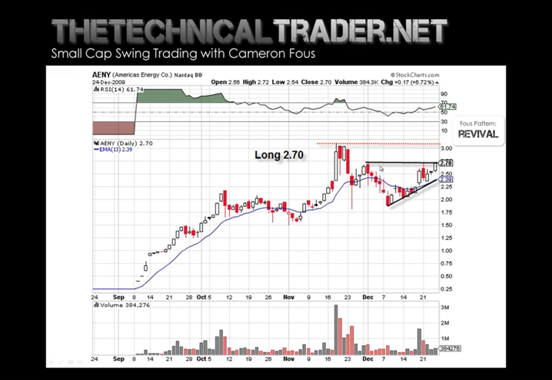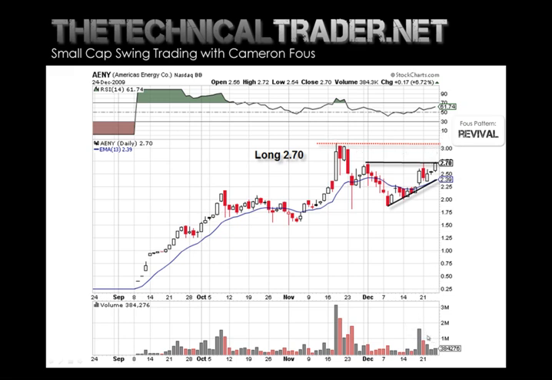But looking here, the actual breakout buy point is if the stock can break out above this neckline. Here, your first profit target is going to be about $3 per share. But since this is so close from the buy to the next whole number resistance, there's probably a pretty good chance that this stock is going to break out above here if we get some momentum going for it.